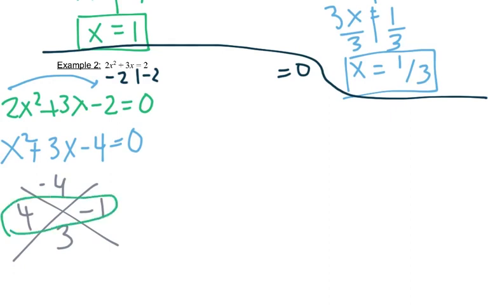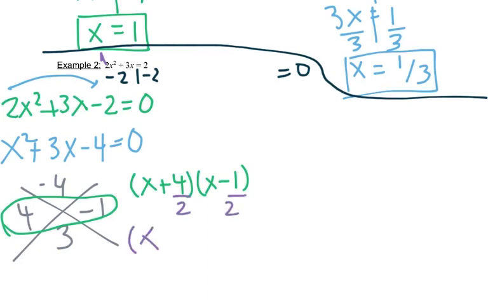Now we go to our factored form, which is going to be x plus 4, x minus 1. I need to divide at this step by our a value, which was 2. Divided by 2, divided by 2. I get x plus, well, 4 divided by 2 is just 2. And then in this situation, it is a decimal, y'all, so we have to slide that up. 2x minus 1.